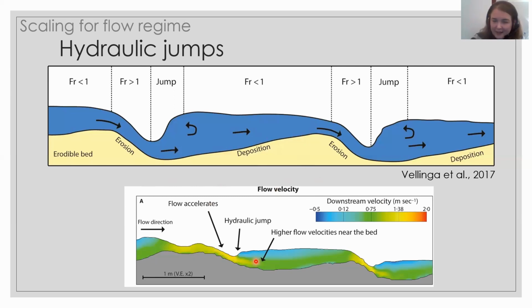Overall, we have less fast flows, but there is a lower part that's a little bit faster than the upper part. It's slower. And then again, you could accelerate your flow and go into a supercritical flow. In this case, if you go from a subcritical back to a supercritical flow, there is no hydraulic jump. You don't have to, because it's just an acceleration of the flow.